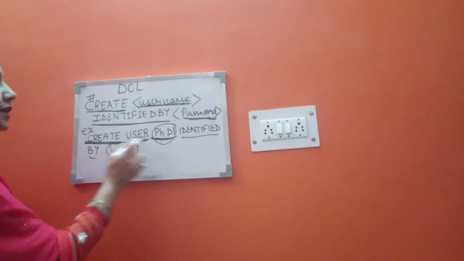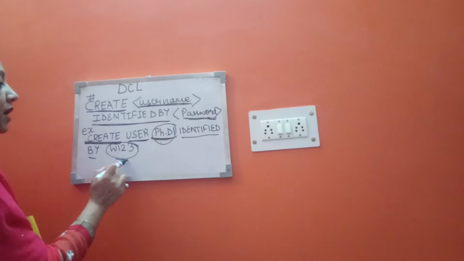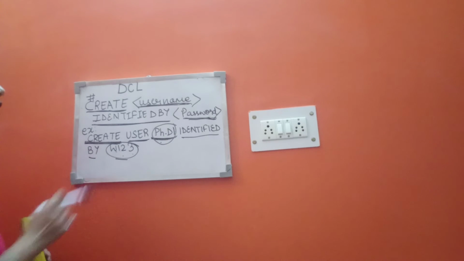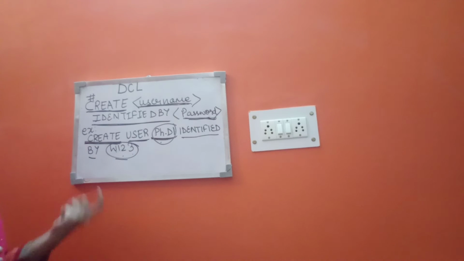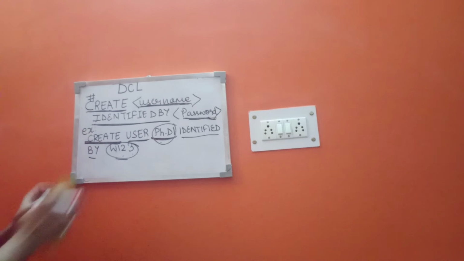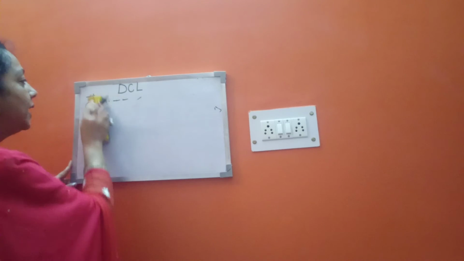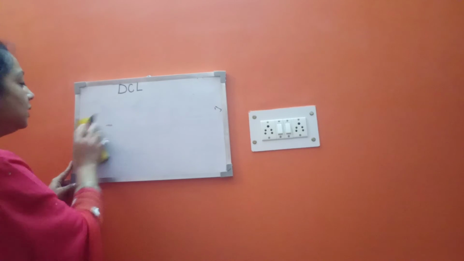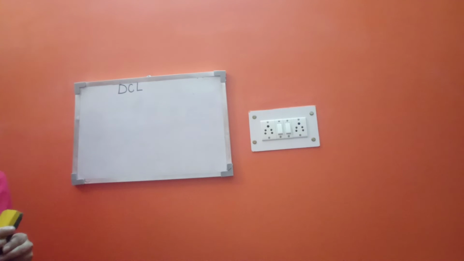So a user has been assigned the username phd1 and the password w123. Using this, the user can now log in to the website and access the records according to the permission that user has been assigned. Now this was the create command.